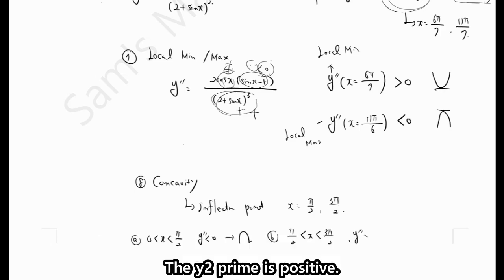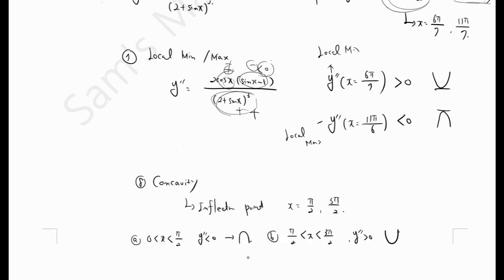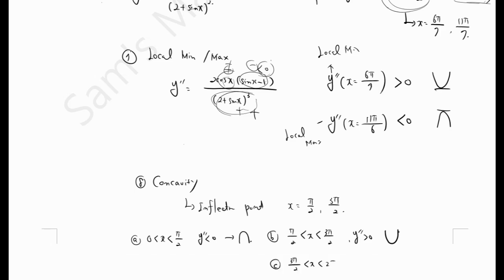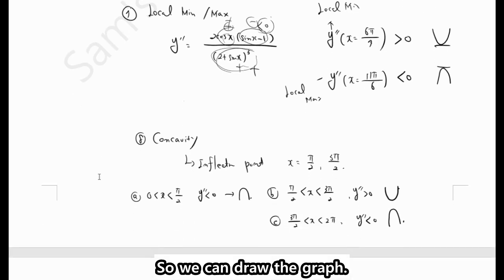In the region between 0 and 2 pi, when x is between 0 and pi over 2, y2 prime is negative, so this is concave down. And second, when x is between pi over 2 and 3 pi over 2, y2 prime is positive, so this is concave up. And when x is between 3 pi over 2 and 2 pi, y2 prime is negative, so this is concave down.